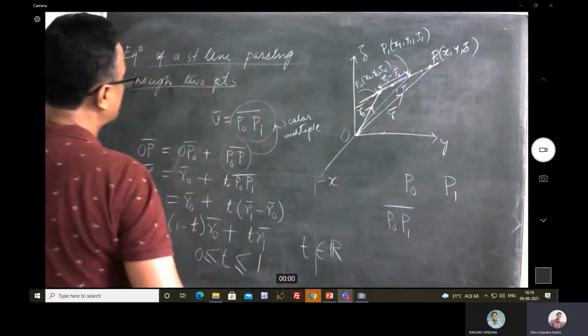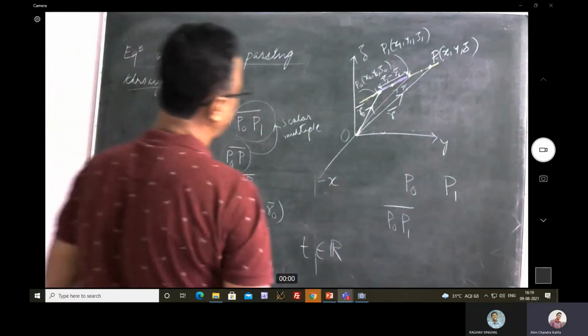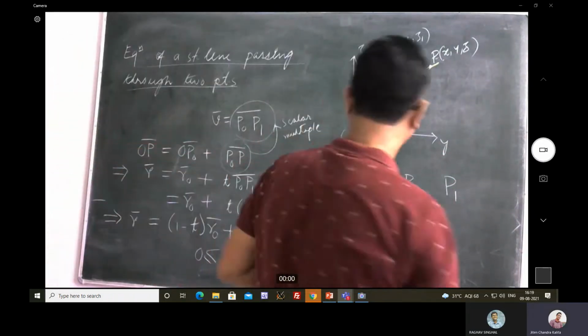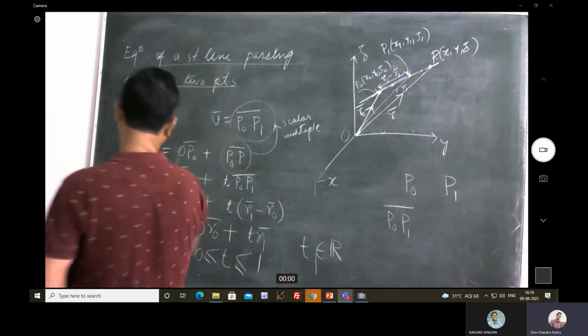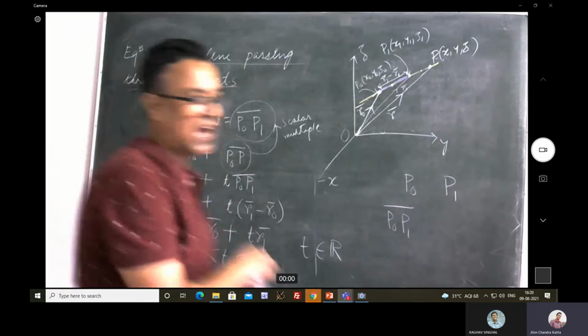I can give you an exercise where I tell you to find the vector equation of a straight line passing through 2 points, where the 2 points are given. Then you simply plug it into this formula. So I'm not going to do that.